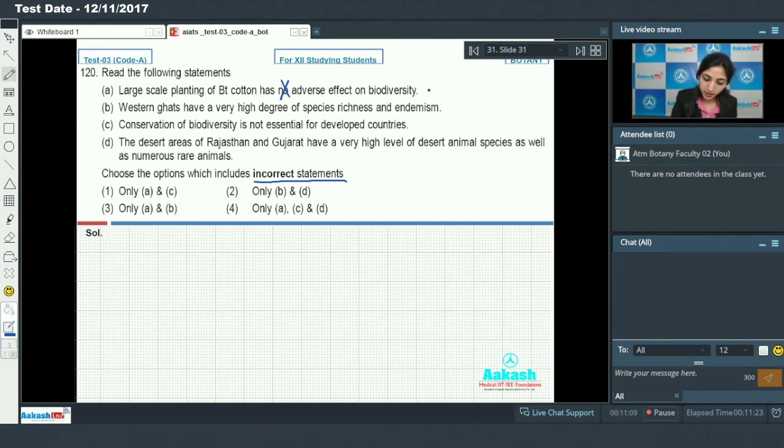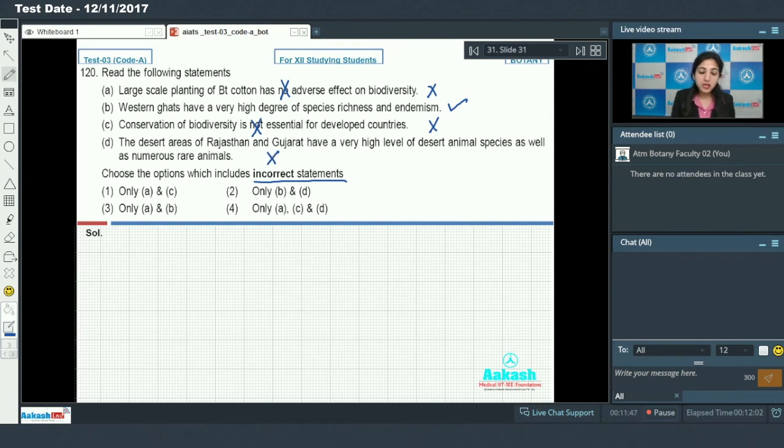So this is incorrect. Western Ghats have a very high degree of species richness and endemism. This is true. Conservation of biodiversity is not essential for developed countries. No. Conservation of biodiversity is essential for all the countries, whether they are developed or developing. The desert areas of Rajasthan and Gujarat have a very high level of desert animal species as well as numerous rare animals.